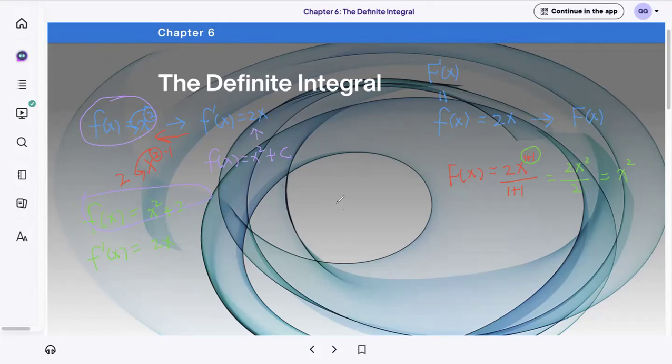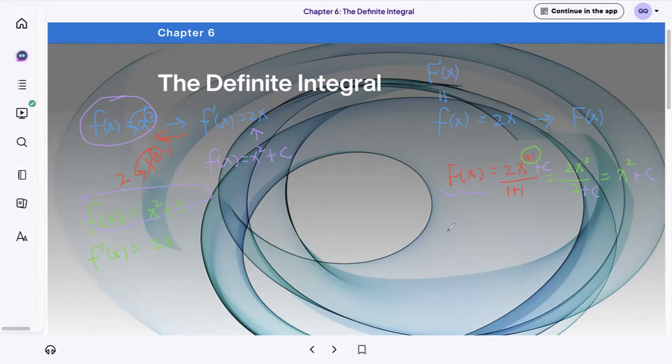So what do we do then? When we do anti-differentiation, we add a constant. We have no idea what this constant is, because there's no information until we're given an initial condition. If we're given a point, we can recover this c. But for now, we just add c to it.